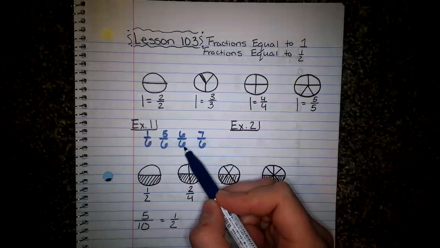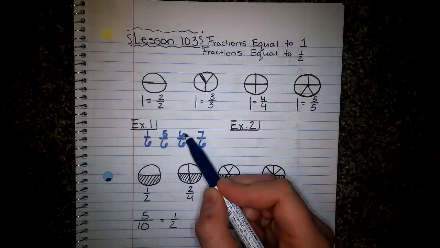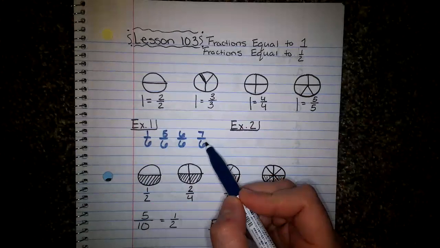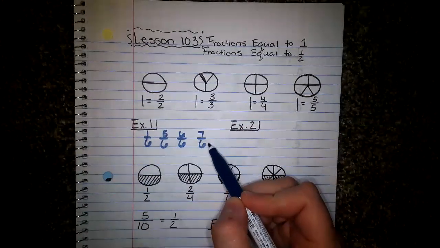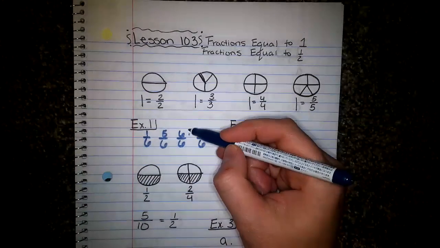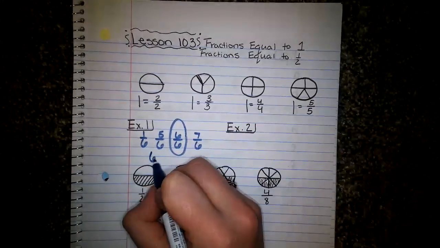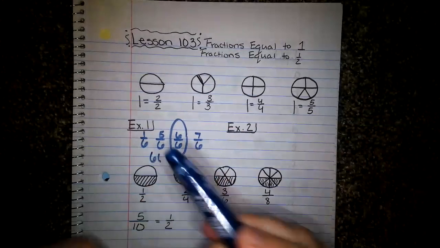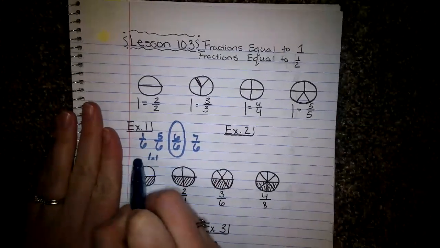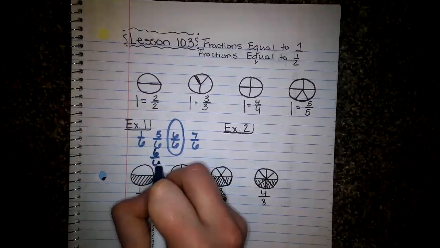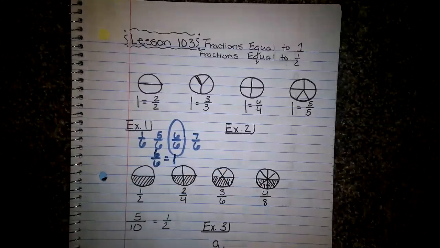Well, look, 6/6, my top number, my numerator, and my bottom number, my denominator, are the same. This is equal to 1 because 7/6 is not equal. 7 is not the same as 6. So our answer is 6/6. 6/6 is equal to 1.